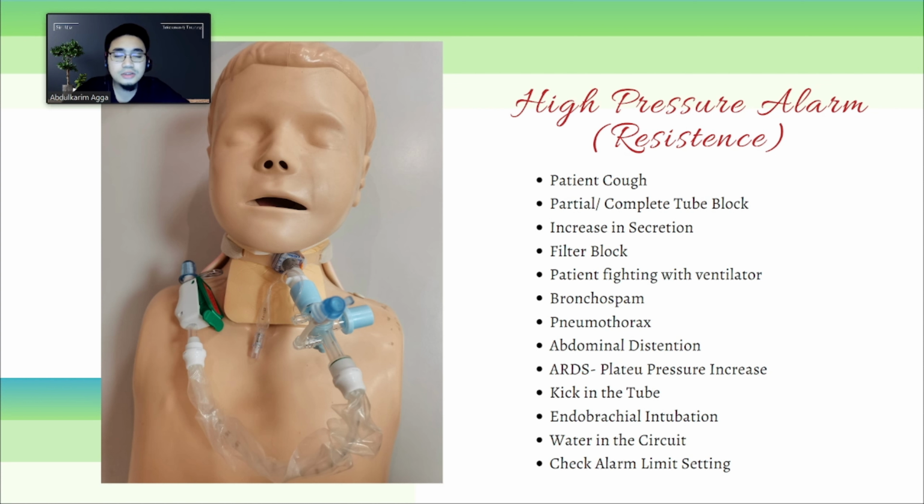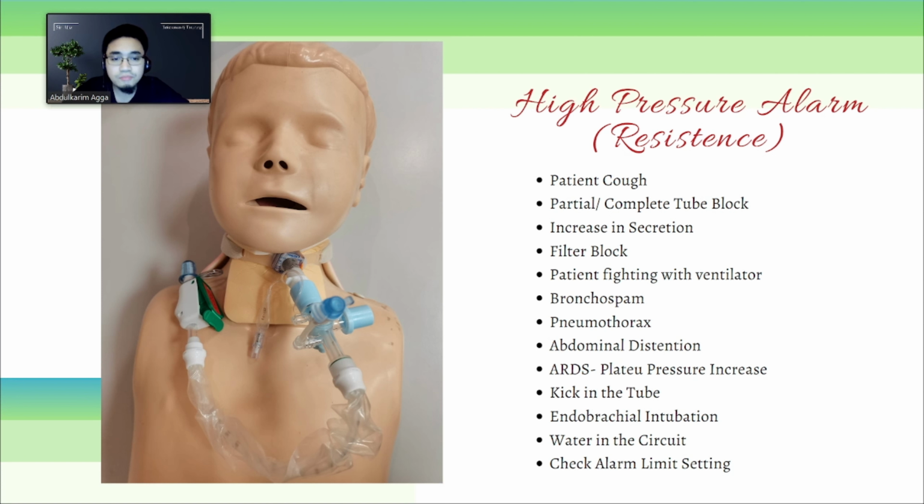It means that your tracheostomy is blocked by a bolus of secretion, or there is an increase in production of the secretion as well. There is a filter block, meaning your heat-moist exchange filter is blocked. The patient may be fighting with the ventilator, meaning the patient goes against the settings being administered by the ventilator.